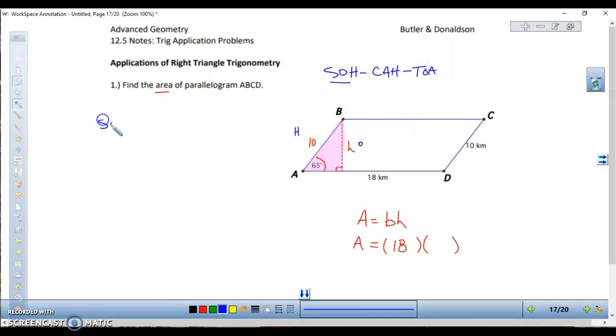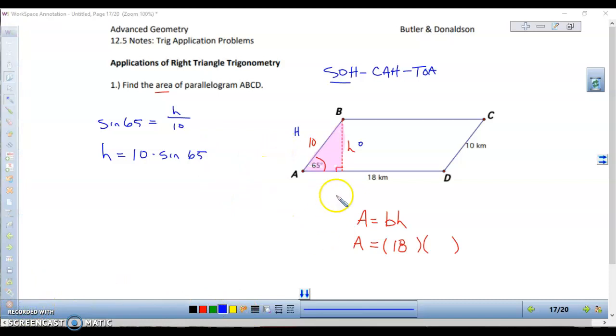So I know that the sine of 65 is equal to opposite, which is h, the height of the parallelogram, divided by the hypotenuse, which is 10. When I multiply both sides by 10, the height is 10 times the sine of 65. Over here in my formula, area is base times height, so area is 18 times 10 times the sine of 65.